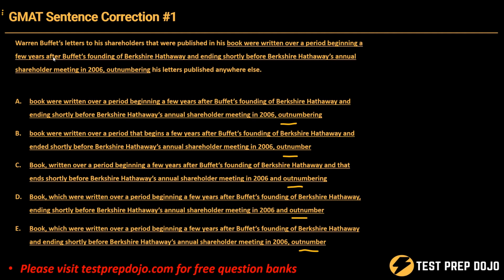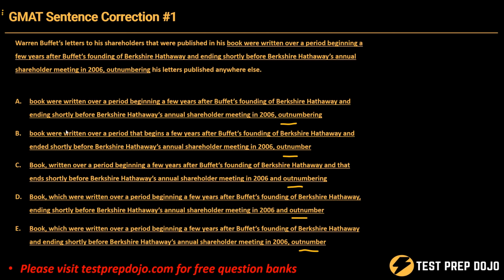So in choice A, we have subject, Warren Buffett's letters to his shareholders that were published in his book, and then we have our main verb, were written, and then over a period beginning a few years after Buffett's founding of Berkshire Hathaway. So in this construction, we have an ing modifier, outnumbering, his letters published anywhere else. And so just on a first glance, this one looks like it's at least worth further investigation. So we're going to leave this one for now and come back to it.